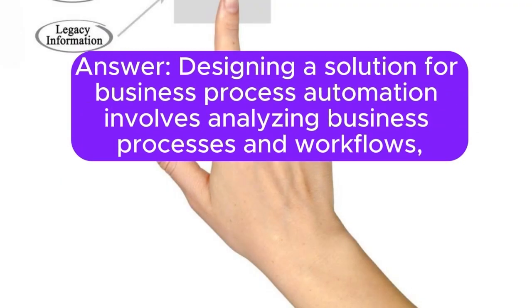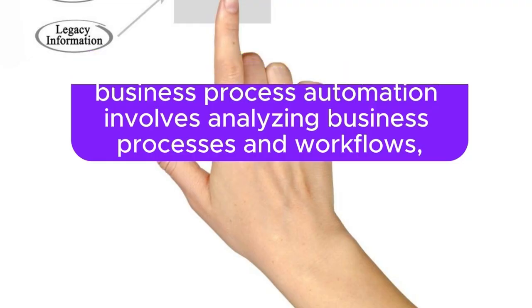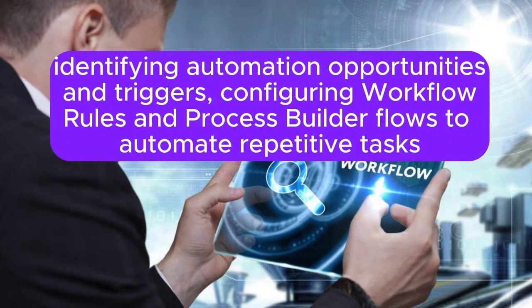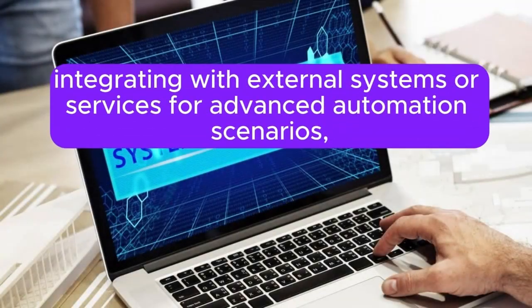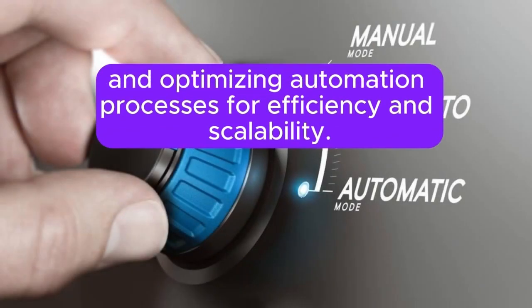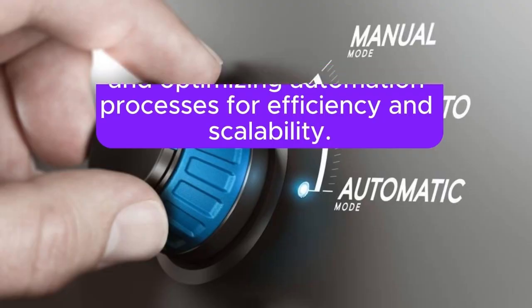Answer: Designing a solution for business process automation involves analyzing business processes and workflows, identifying automation opportunities and triggers, configuring workflow rules and Process Builder flows to automate repetitive tasks and approvals, designing complex automation logic and decision criteria using Flow Builder, integrating with external systems or services for advanced automation scenarios, and optimizing automation processes for efficiency and scalability.